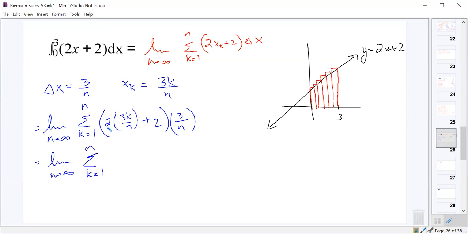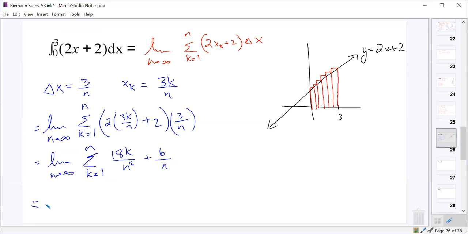So we've got 2 times 3k over n is 6k over n plus 2. If we have 6k over n times 3 over n, that ought to be 18k over n squared. And then this one ought to be plus 6 over n.